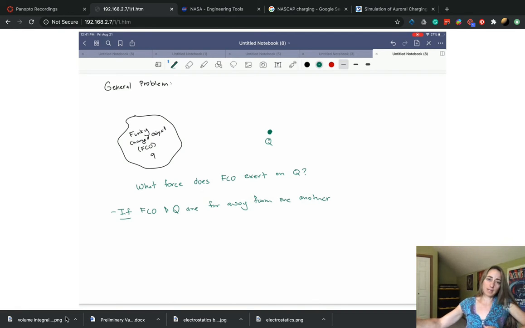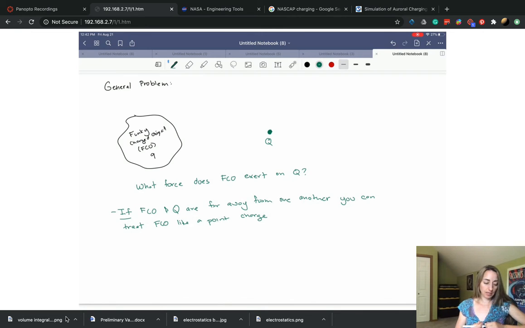It's going to get small in perspective, and all the charge distributed throughout it is going to act like it's basically concentrated at a single point. So you can treat our FCO like a point charge.